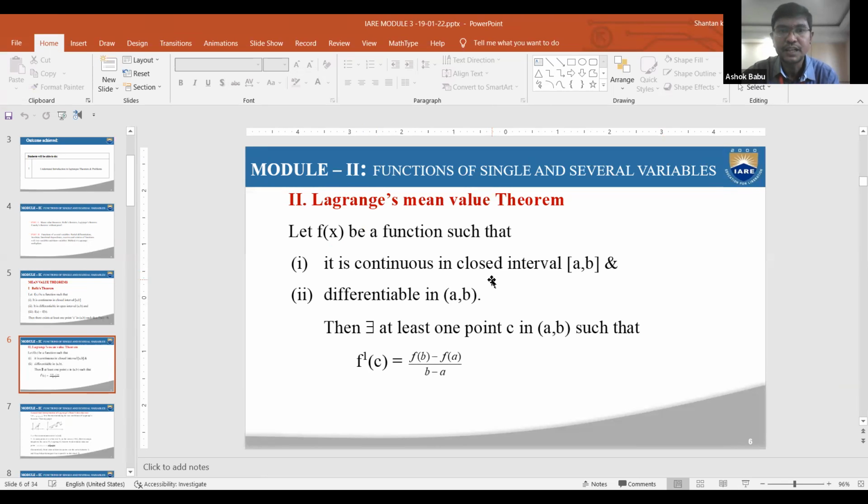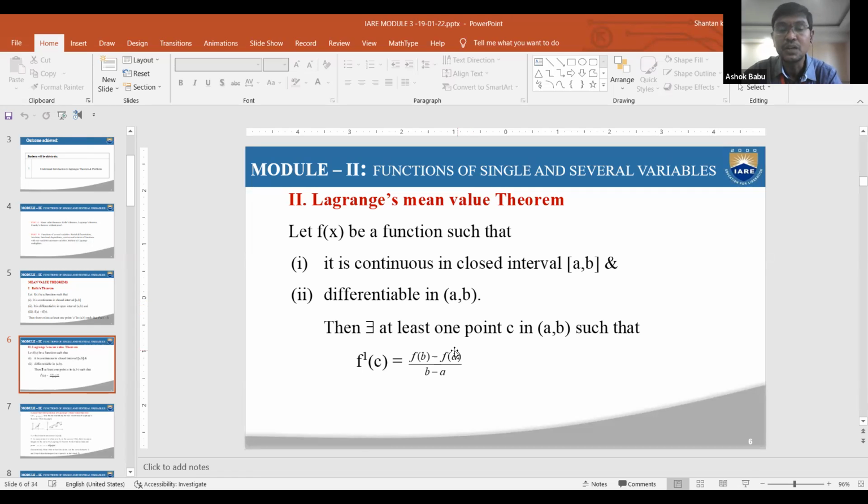Where you are observing here, comparing Rolle's theorem and Lagrange's theorem, the first and second conditions are satisfied in both. In Rolle's theorem, continuous in the closed interval a comma b and differentiable in the open interval a comma b are the same. But in Rolle's theorem the third condition f of a is equal to f of b is required, whereas in Lagrange's mean value theorem, f of a equal to f of b is not required.